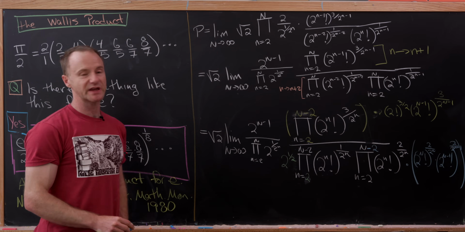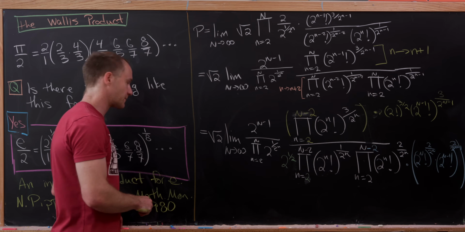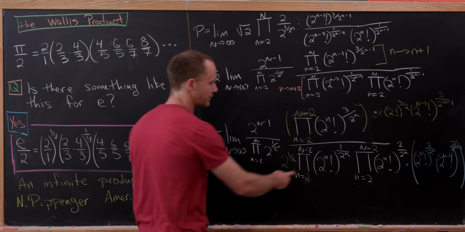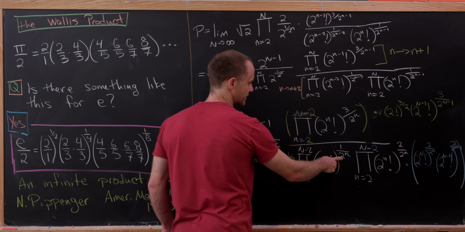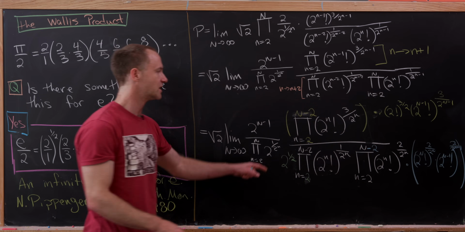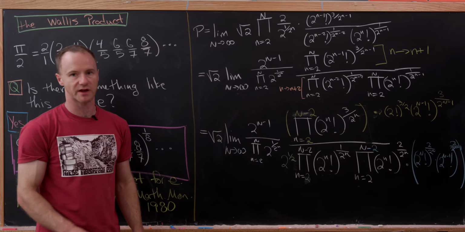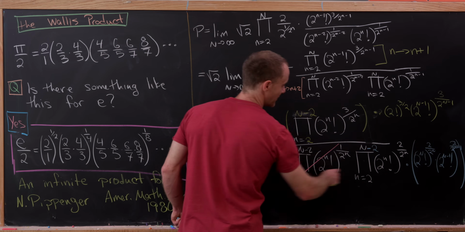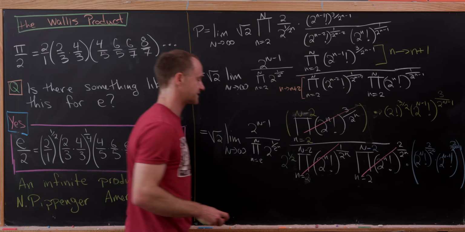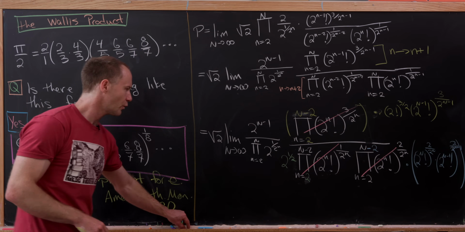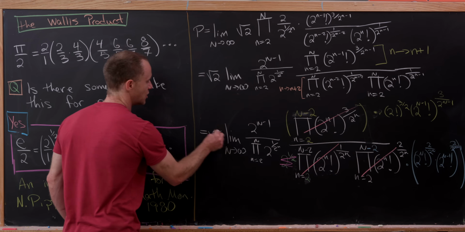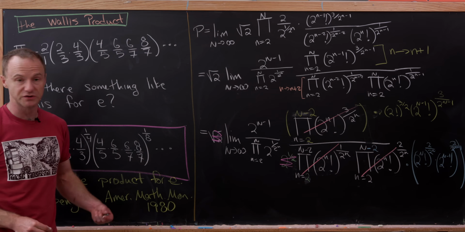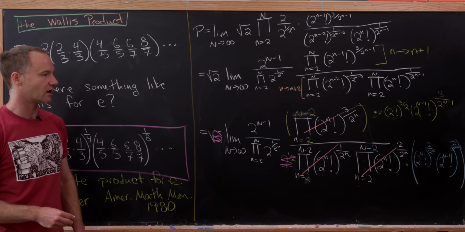That's what we get from pulling those terms out. Now we can push these together, and we'll have 2 to the N factorial to the 1 over 2 to the N plus 2 over 2 to the N, which gives us 3 over 2 to the N. That will make all of these terms cancel. And while we're at it, we might as well cancel this 2 to the half term with this square root of 2 term that was hanging on for a while.